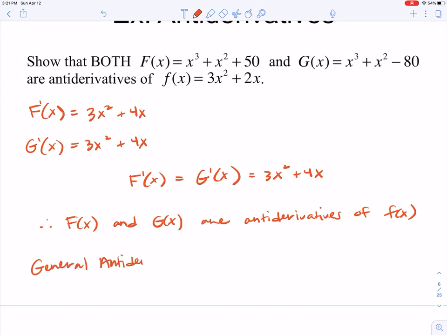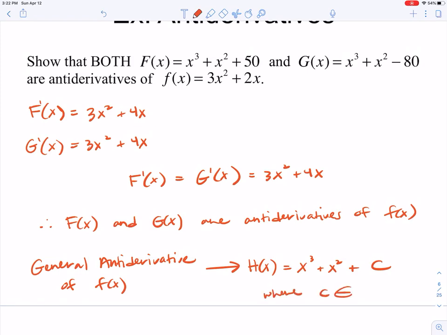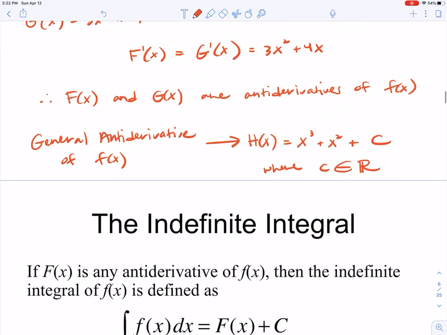So the general antiderivative of that function I could represent as, let's say capital H of x equals x cubed plus x squared plus c, where c is a real number. Or I could say where c is an element, to use shorthand, of the real numbers.